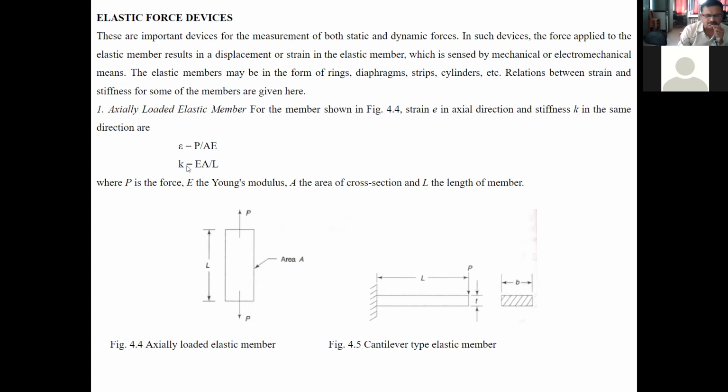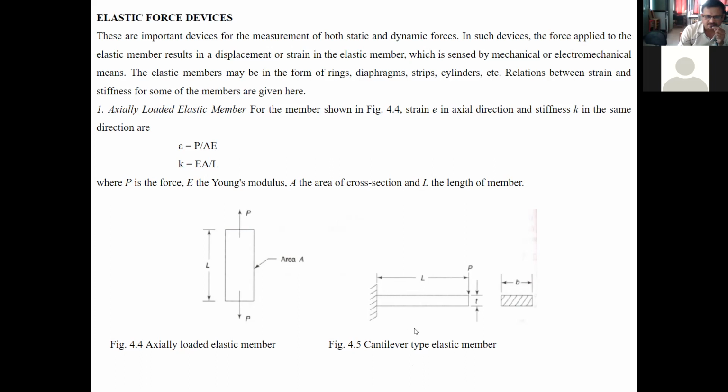And K means stiffness, K is equal to EA divided by L, where P is the force, E is the Young's modulus, A is the area of cross section, and L is the length of the member. Therefore, this is first the axially loaded member, which means we can apply the force axially.